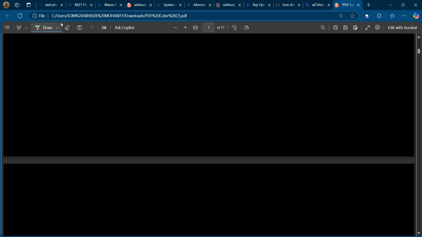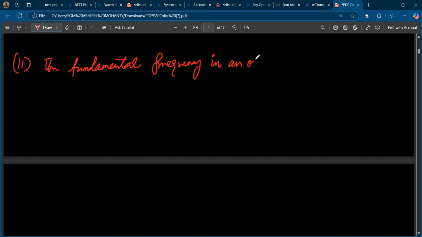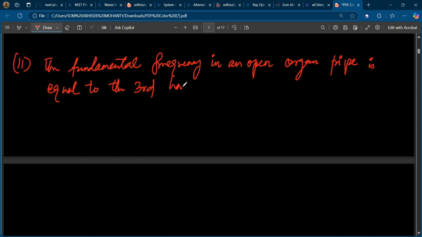Okay. Next question, question number 11. The fundamental frequency in an open organ pipe is equal to the third harmonic of a closed organ pipe.